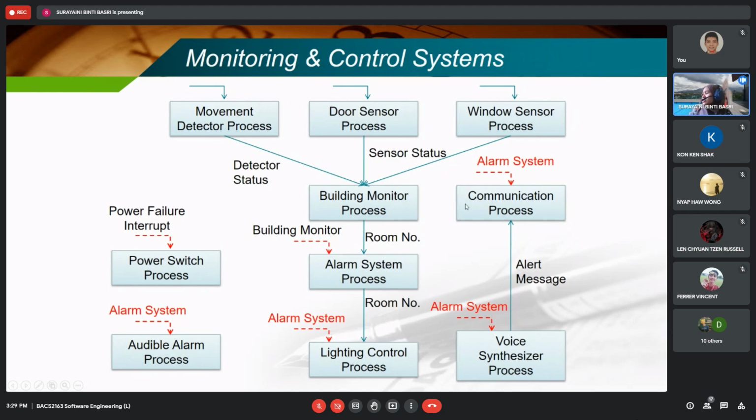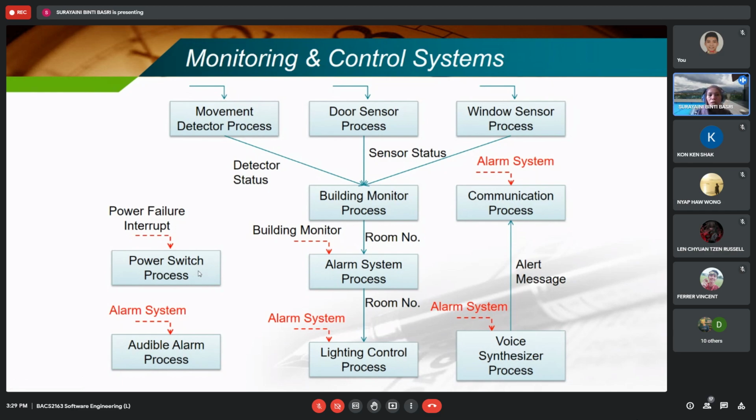All of this is the response in the alarm system. Then there is the audible alarm process. Another response is maybe some voice message, like danger, something like that. And then the power switch process.